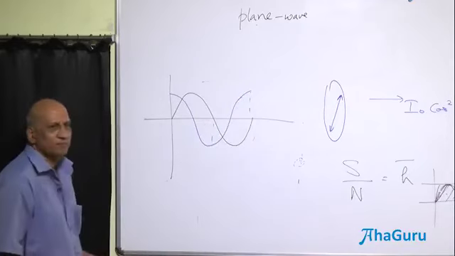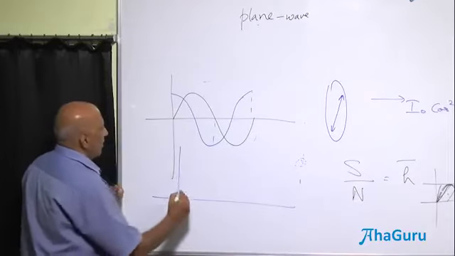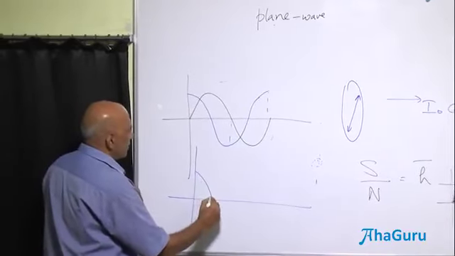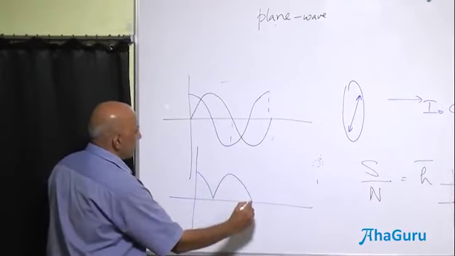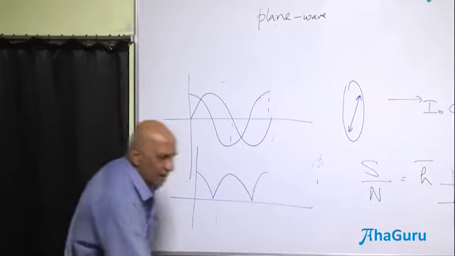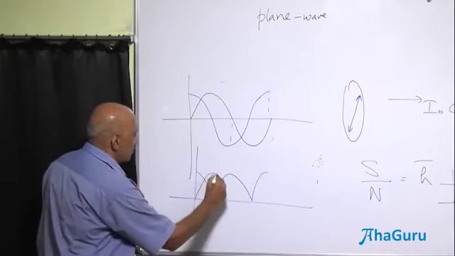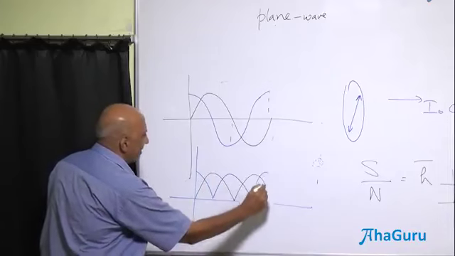Now if I square the two functions, the cosine function is going to be something like that. And if I square the sine function, it's going to be like that.